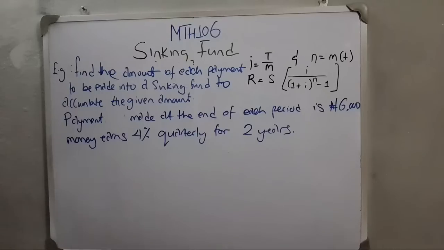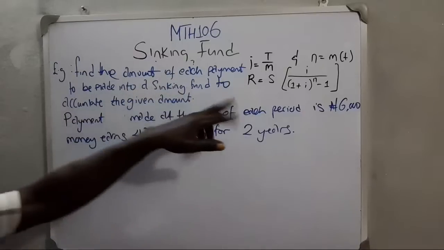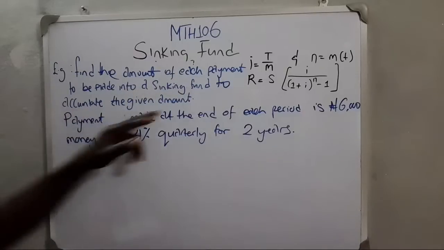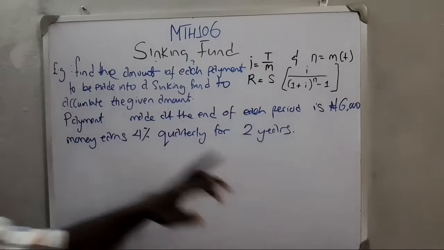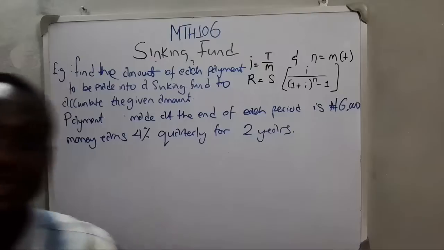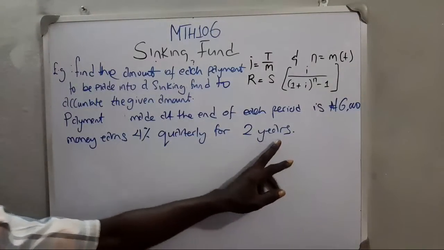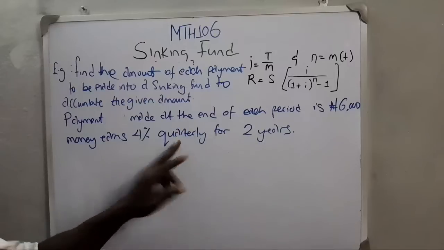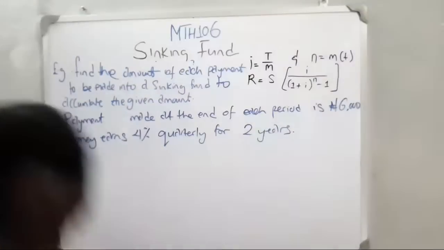Now we are expected to find the amount of each payment to be made into a sinking fund to accumulate the given amount. This is the given amount, this is the percentage, and this is the year, the time, and this is the period. So let's fit that into our formula.